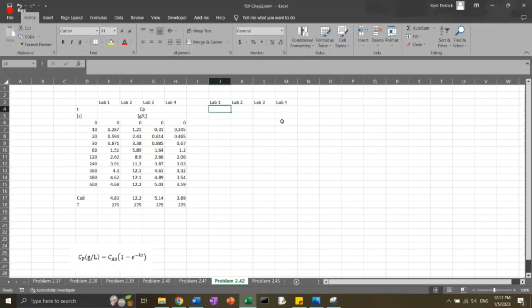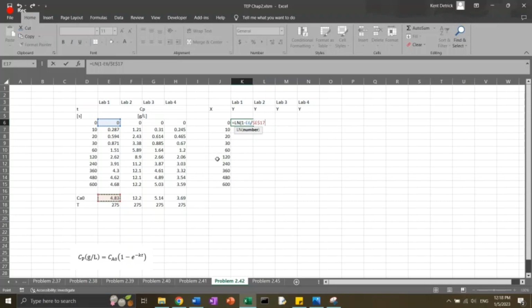So for this next part, we're going to calculate what y is and convert each of these data points into y, and then we'll also have an x column that we need. So let's get a big X column here. X equals T, so that doesn't change. That's convenient. Y, on the other hand, changes significantly. It's the natural log of 1 minus Cp divided by the initial concentration.